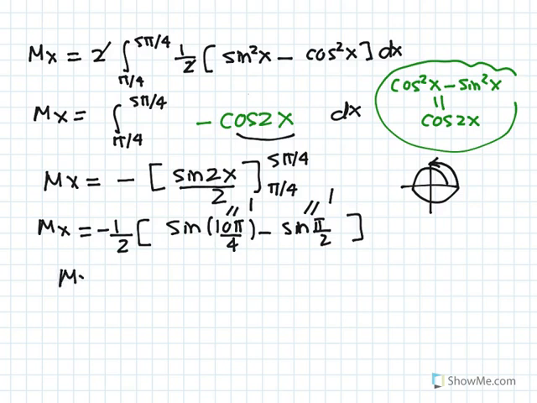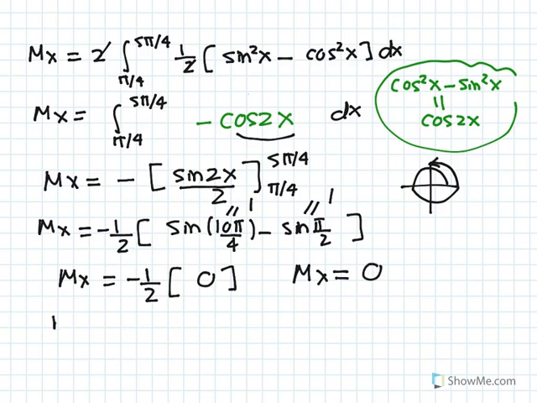So the moment with respect to the x-axis is equal to negative 1/2 times sine of 10 pi over 4, which is the same as sine of 5 pi over 2, which is the same as sine of 2.5 pi, which is the same as sine of pi over 2, because sine x is a periodic function with period 2 pi. So we get 1 minus 1 is 0. The moment with respect to the x-axis is 0.